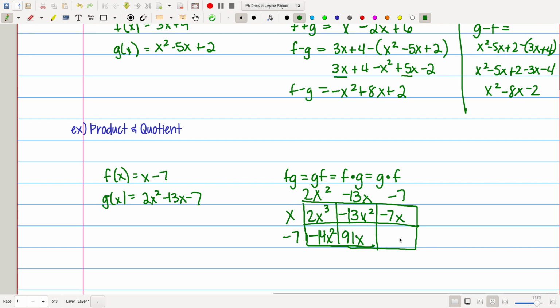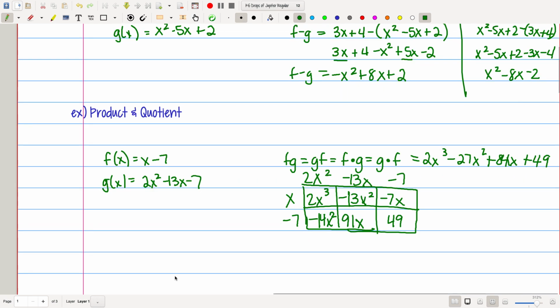X, and then 49. Okay, so your final answer from those boxes, you get your 2x cubed in the first box. Combine that like term, you get minus 27x squared. Then you're going to combine your 91 minus 7, and you get 84x plus 49. Okay, so there's your final answer with that. And again, you're just boxing. You guys know how to box by now.